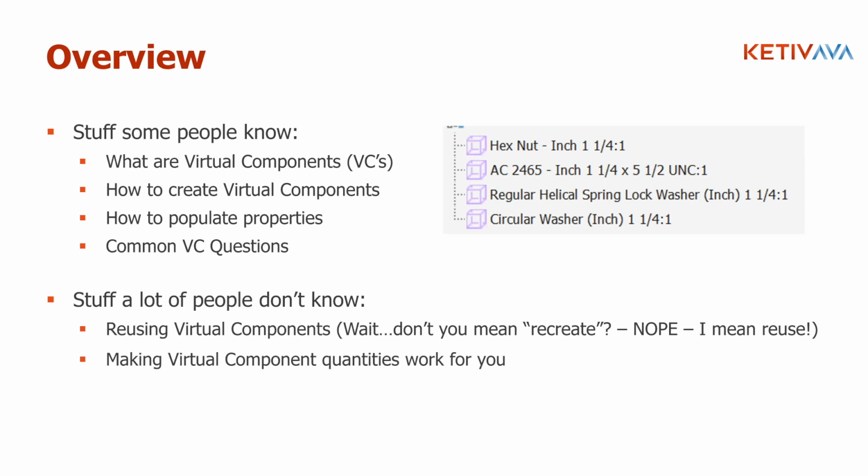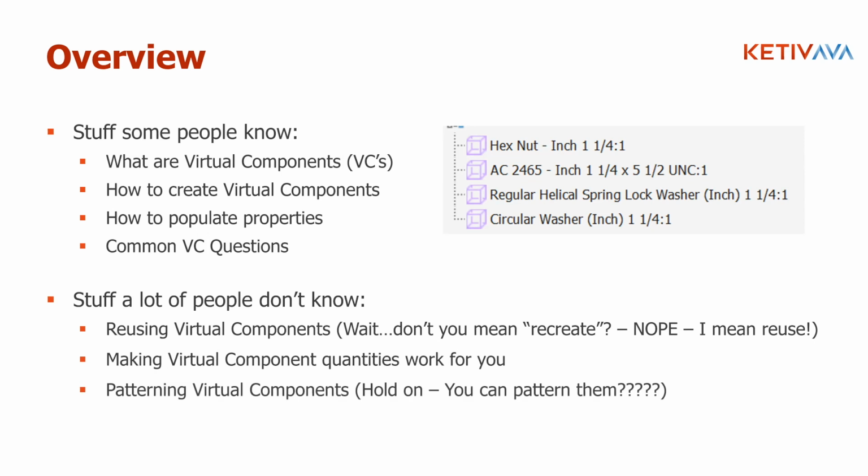How to make virtual component quantities work the way you want them to. That'll become clear as we talk about some of their uses. Patterning virtual components. Yeah, you can pattern them. Isn't that exciting? Again, we'll show you an example of why you'd want to do that and how it helps you with VCs in your workflow. And then something that always comes up with virtual components, what about mass counts? Well, wait and see.